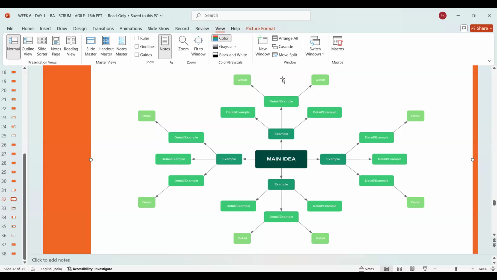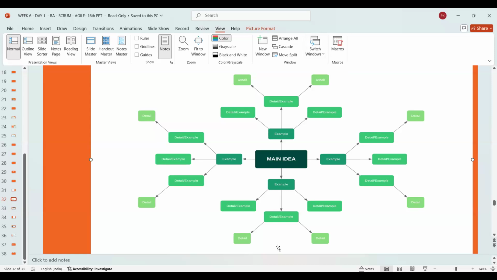So you see, again, it will have a lot of nodes. The basic idea of a mind map is you have one main idea, and from that main idea, you get different directions, different explanations, different sub-ideas.